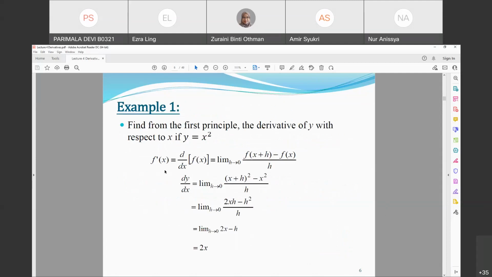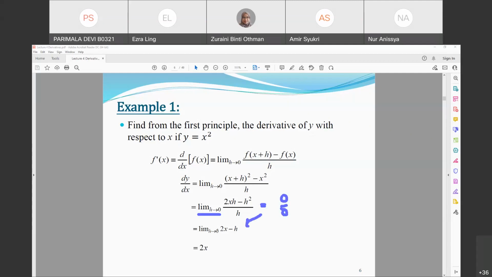And this is the example one. Okay, this is by using first principle. We want to find the differentiation of y = x² by using the first principle. Okay, this is the first principle formula, and we put it dekat sini. Lepas tu kita cari dia punya limit. Bila dia involve limit h menghampiri kosong, when we do direct substitution, ingat balik topik limit last week, we get 0/0.